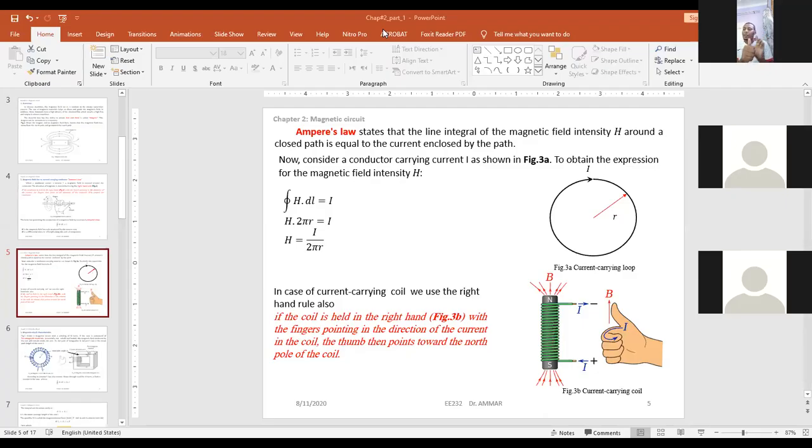So it's vice versa with the previous case. Previously, the thumb indicated the direction of the current because the magnetic field was around. Now the current is the one going around, because the current circulates in the coil. So in this case, the thumb determines the direction of the magnetic field.